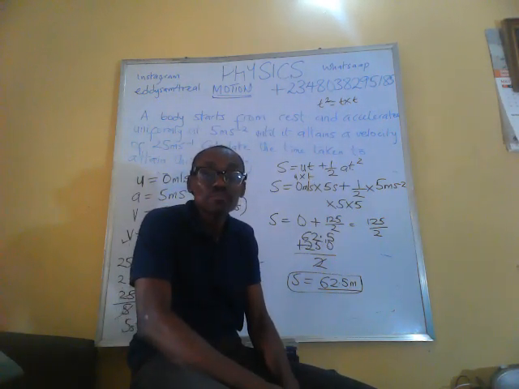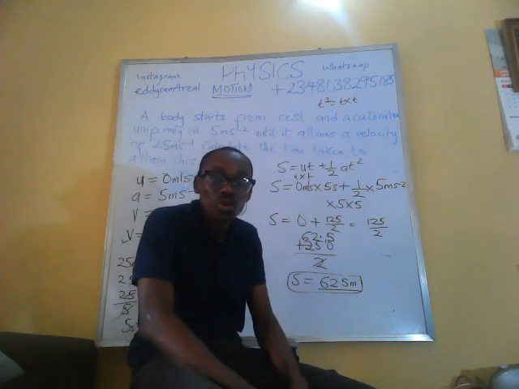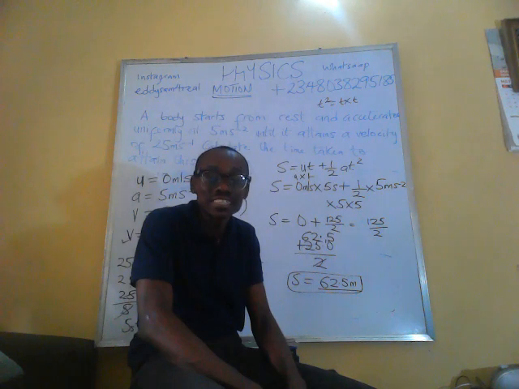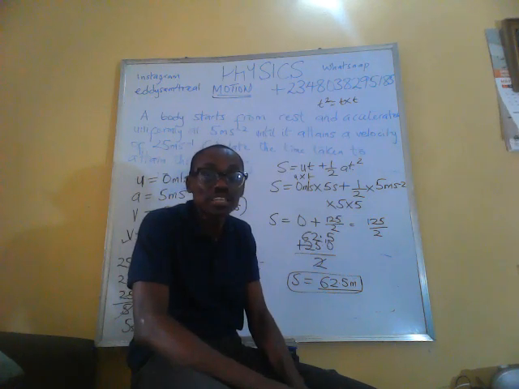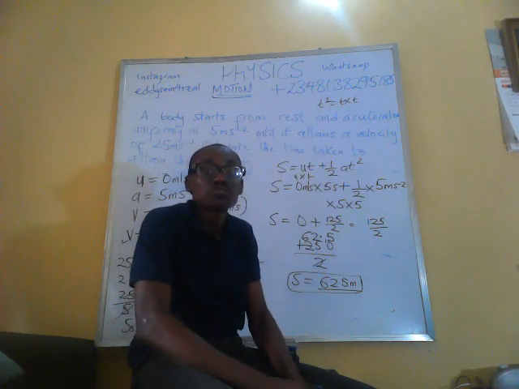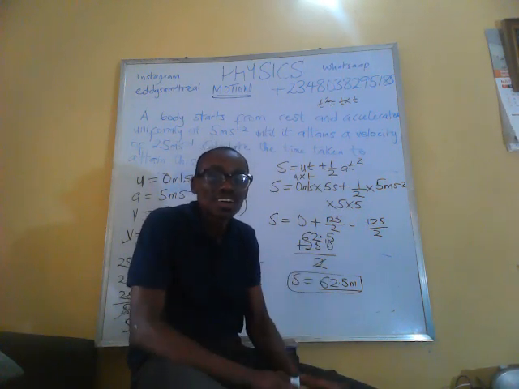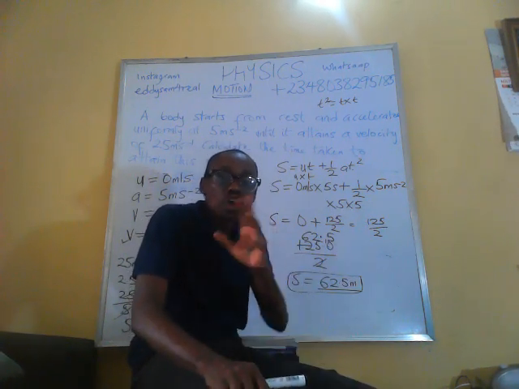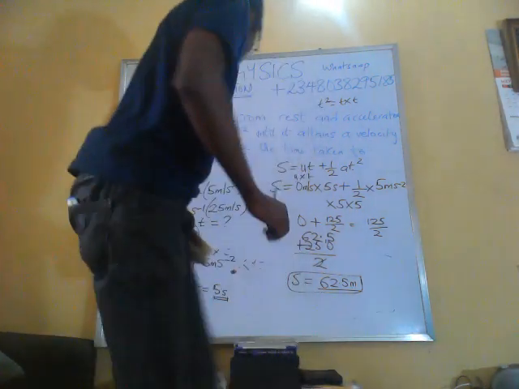Now, supposing we made use of another equation, are we still going to land on the same answer? The answer is yes, and I'm going to show you that. If we had used another formula different from this one that has distance, we will still land on the same answer. So I'm going to use the third equation to illustrate that.